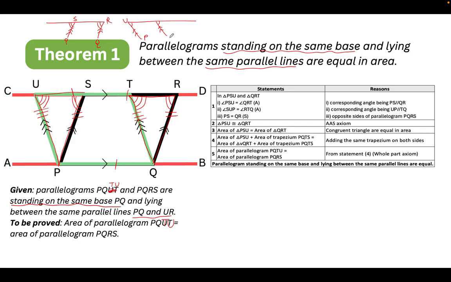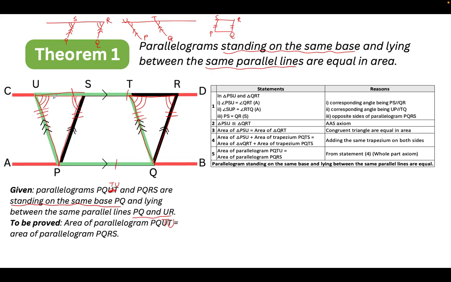PU and QT are parallel lines, and a straight line makes these angles, so these are corresponding angles and they are equal. And another is PS equal to QR in length, because these are opposite sides of parallelogram PQRS, and we have said that this length is equal to this length.